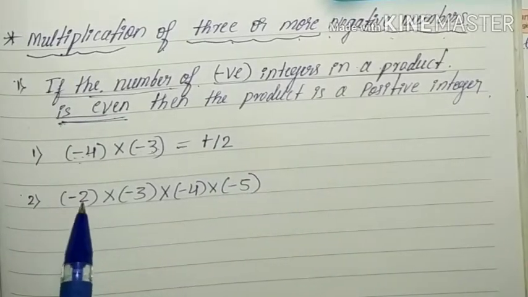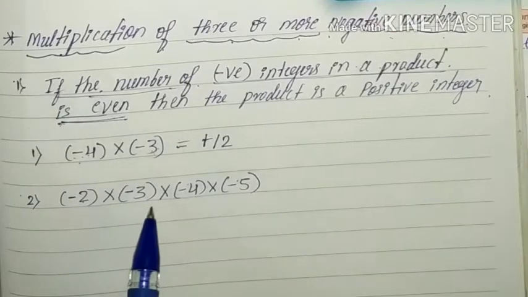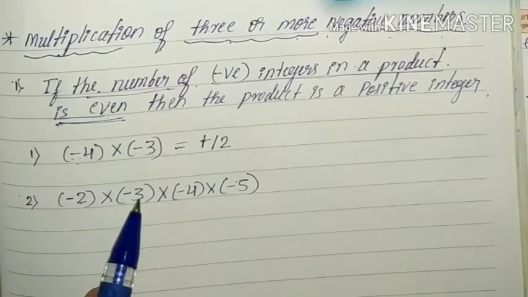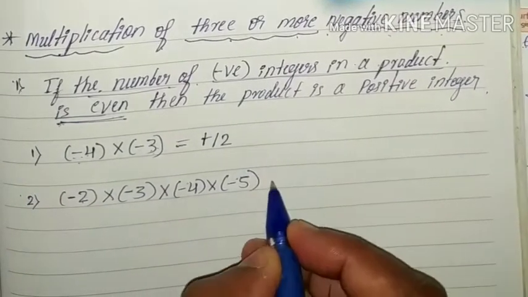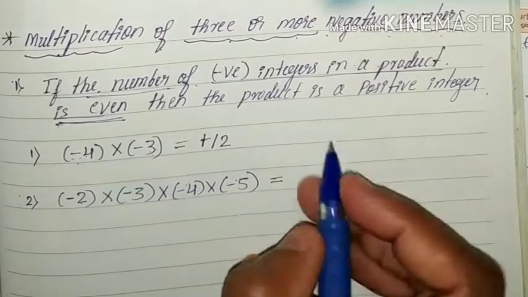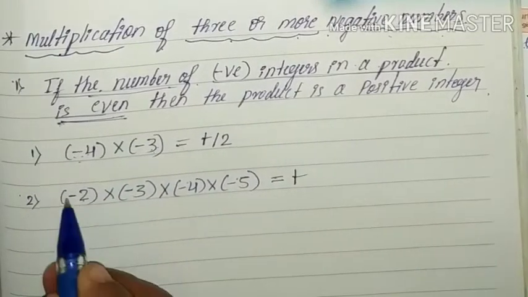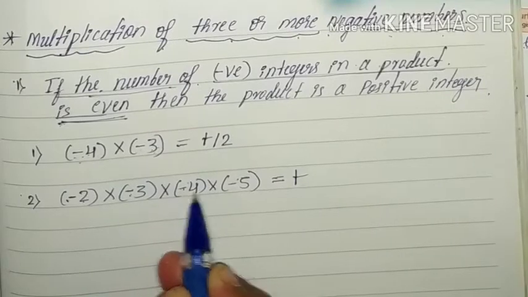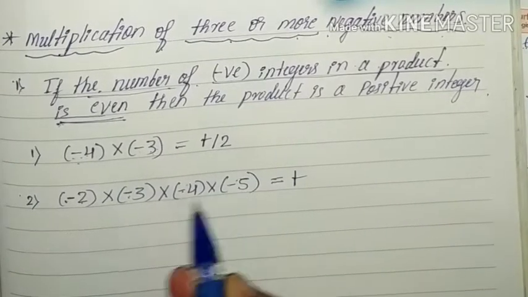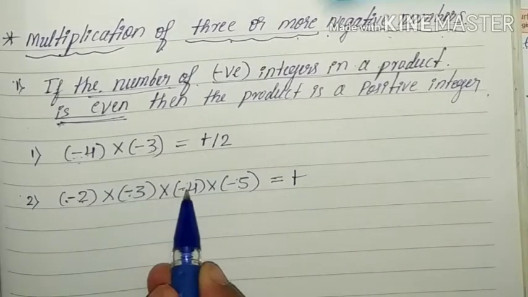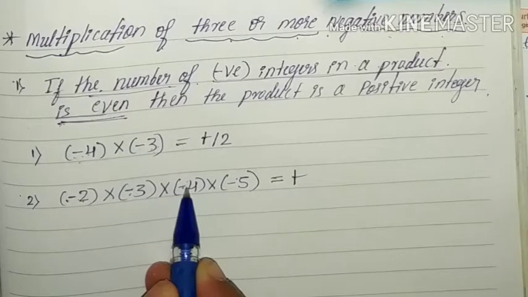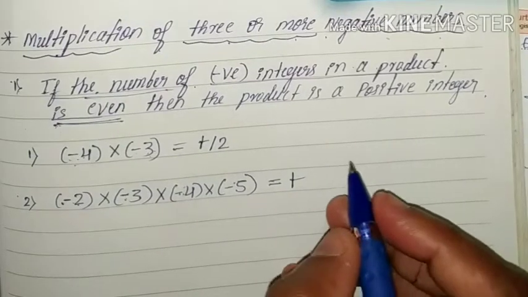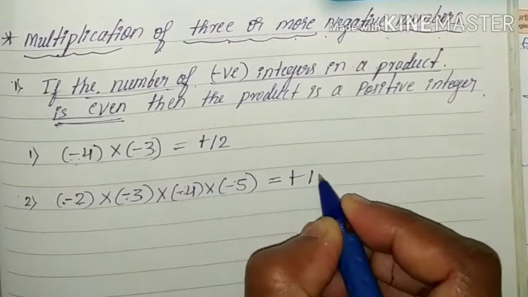See here, 1 2 3 4. 4 is also even, right? So 4 is also even. The sign is always positive only. See here, minus minus plus, plus minus plus. So 2 3s are 6, 6 4s are 24, 24 5s are 120.